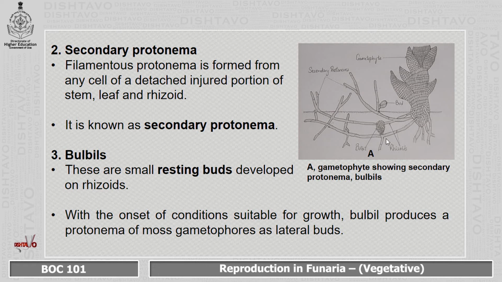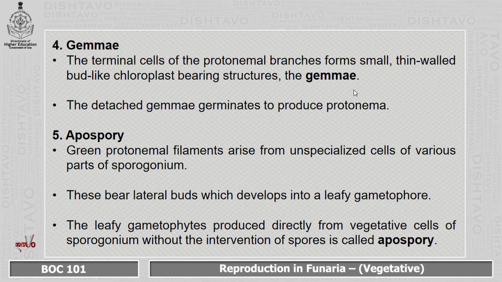These bulbils are small rounded structures which develop on the rhizoids. So, they are underground, you can see that, and when there is suitable condition for their growth, the bulbil will grow into a new gametophyte as lateral buds. The fourth method of vegetative reproduction of Funaria is by gemmae.